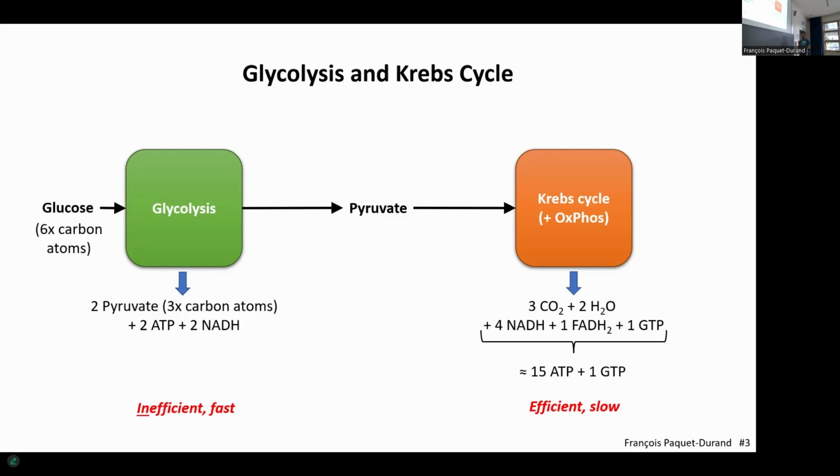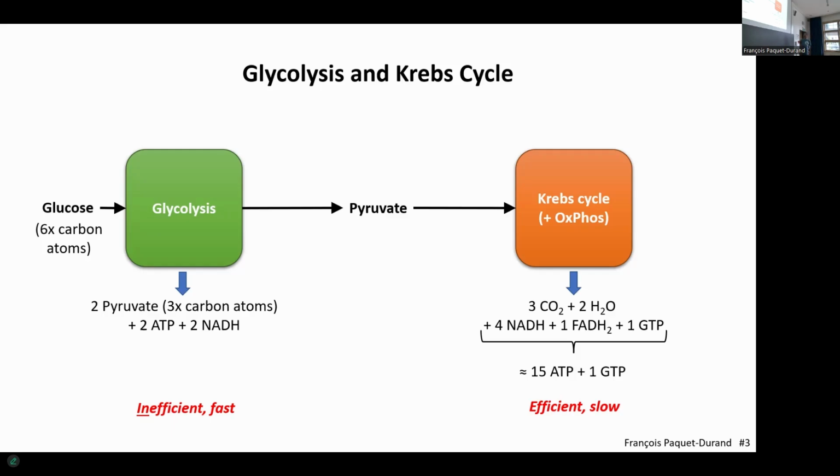So glycolysis is pretty inefficient in terms of energy output per carbon input, whereas the Krebs cycle is pretty efficient. What the biochemistry textbooks are sometimes not very clear about is that glycolysis is very fast, whereas oxidative phosphorylation is relatively slow, about 100 times slower than glycolysis. Every textbook has it that glycolysis and the Krebs cycle are coupled to each other via pyruvate.